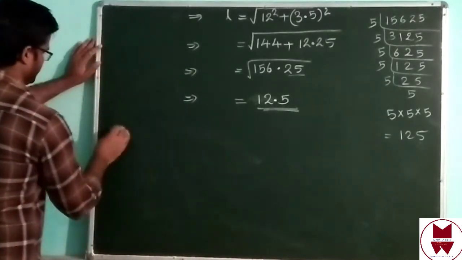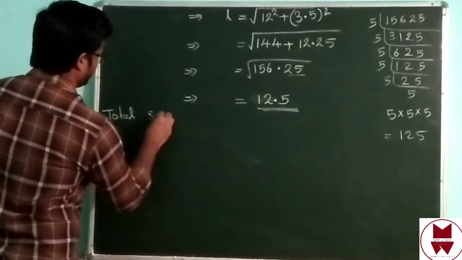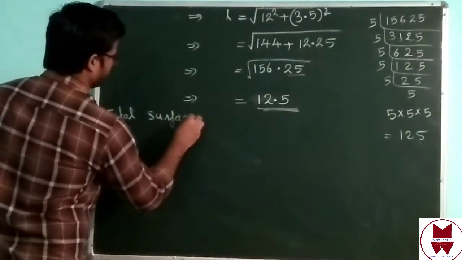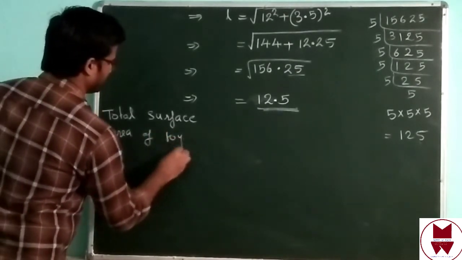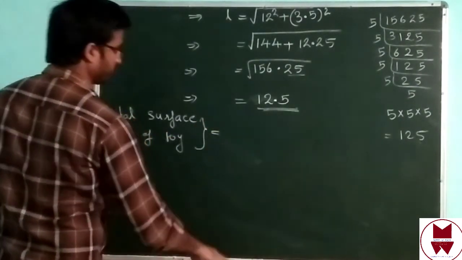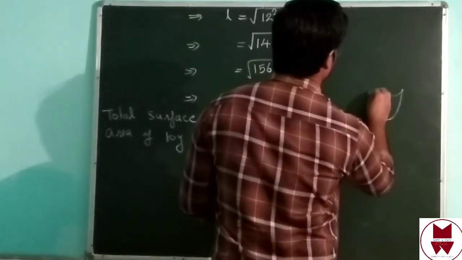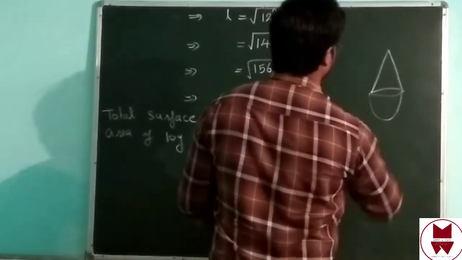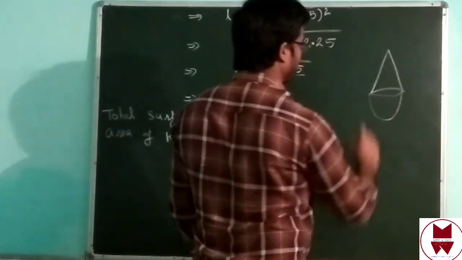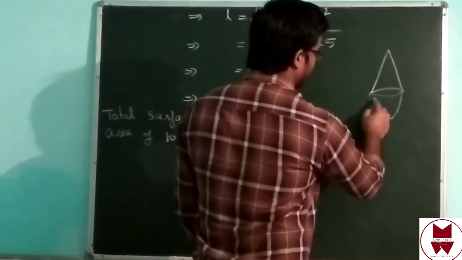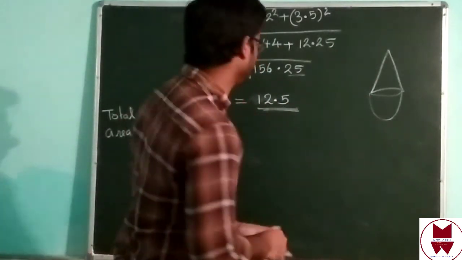Now, total surface area. Area of toy equals total surface area of toy. Again look at the figure. Total surface area means first we will take the curved surface area of this cone plus curved surface area of hemisphere. If you add those two, you will get total surface area, isn't it?